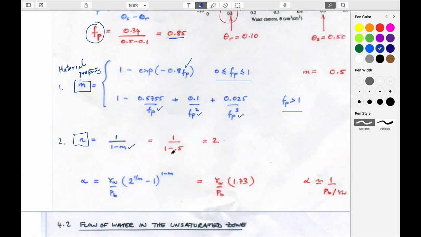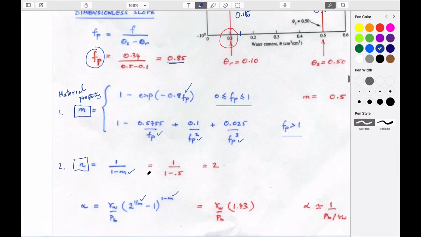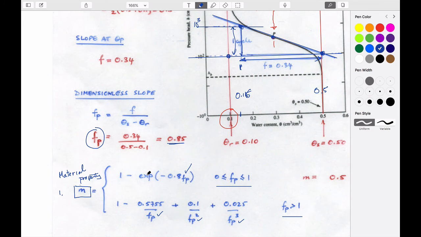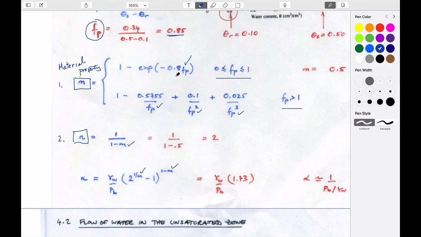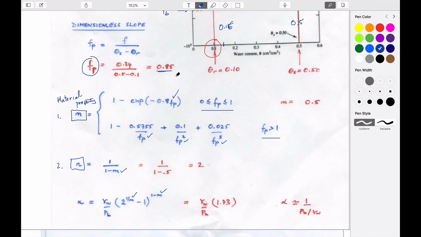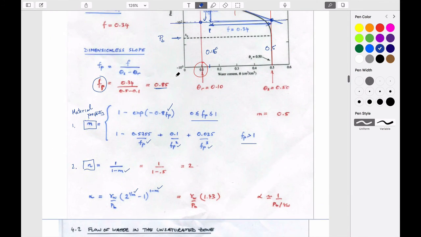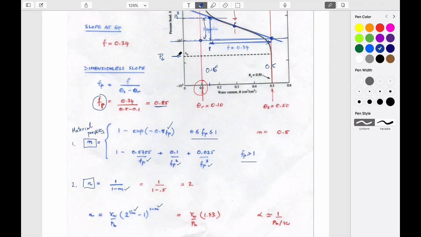And if we know the value of m, and we also know this, I'm just going back up here, the value of the bubbling pressure, so I'll make it smaller so you can see. So if we know what the value of the bubbling pressure is, this is where this deviates from the vertical, right? This is the first bubble of air that goes into the system in this matric potential.